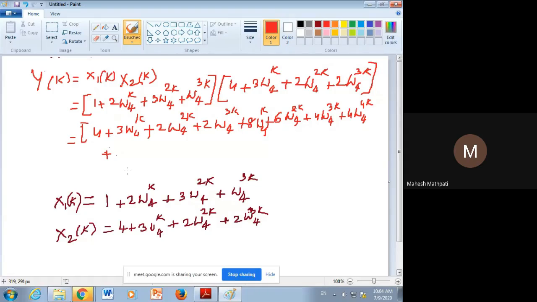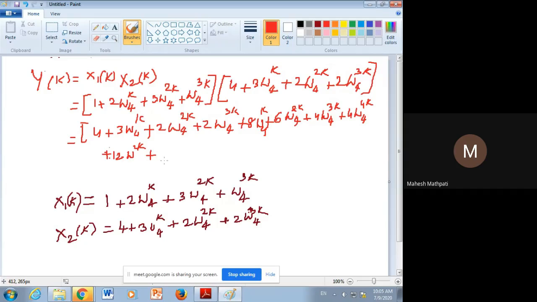3 fours are, can you complete this part? Yes, sir. 12 into W4 to the power, what will I get? 2K. W4 I will not write, that is common for all. Okay.